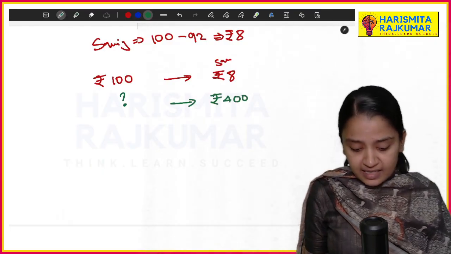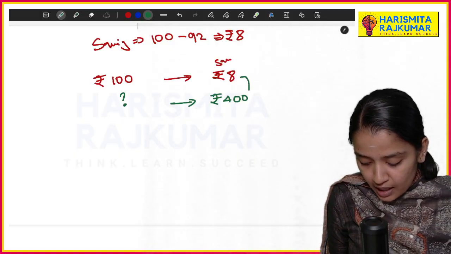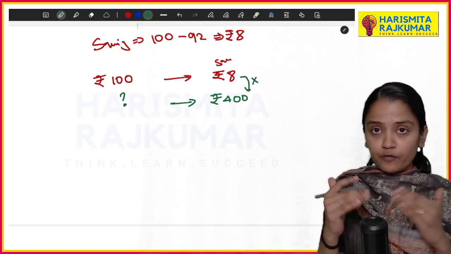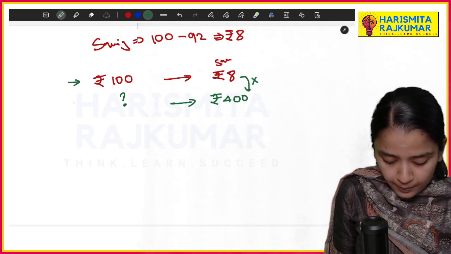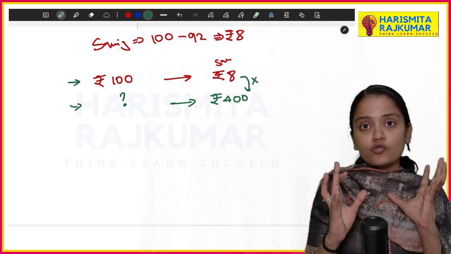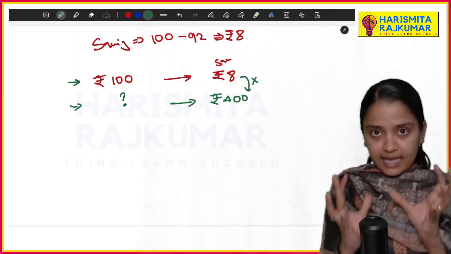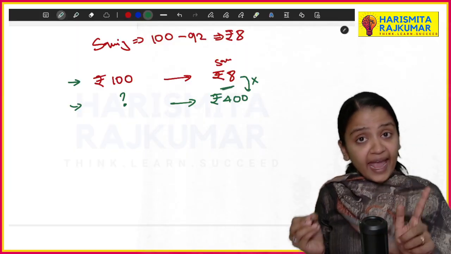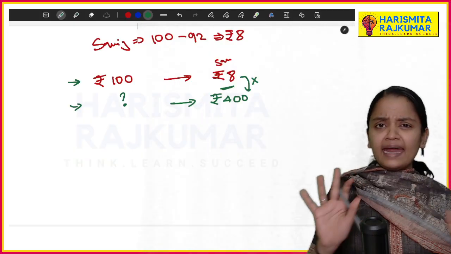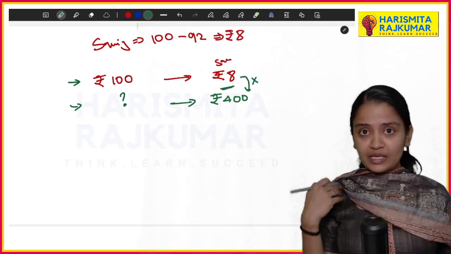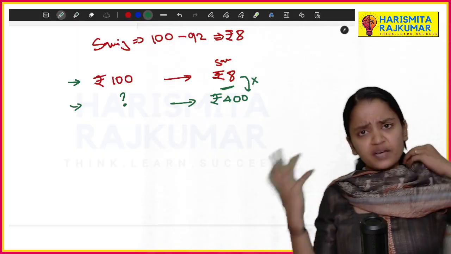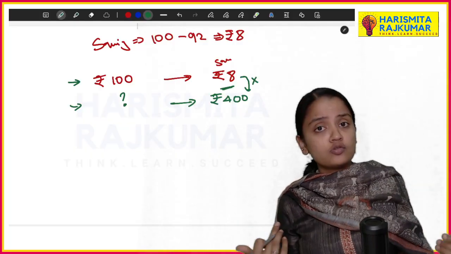So basically, you have to find a relation between the top and bottom. For 100 rupees total salary, we are able to save 8. But 8 is the imaginary thing, because we said whatever the salary is, just assume it as 100.